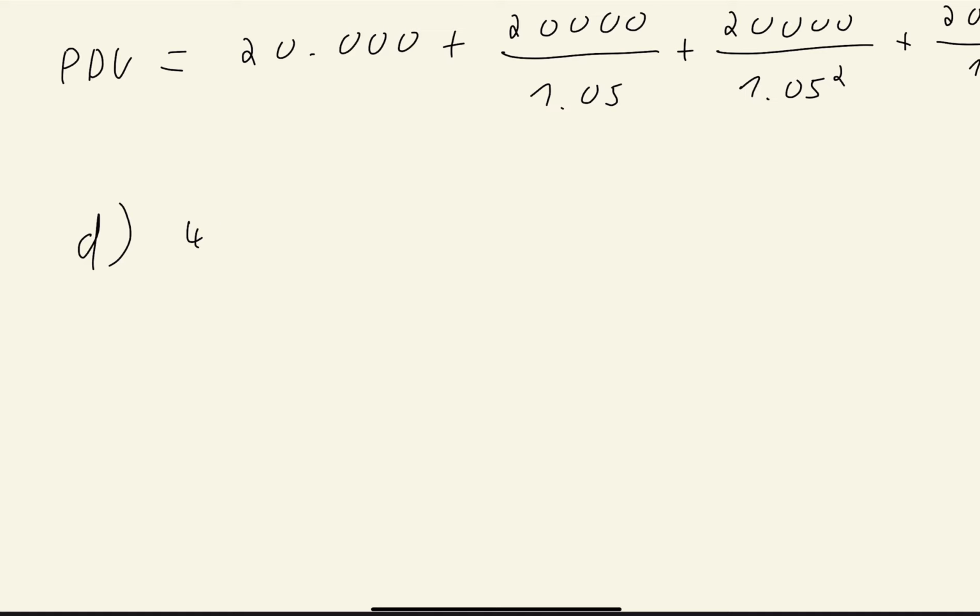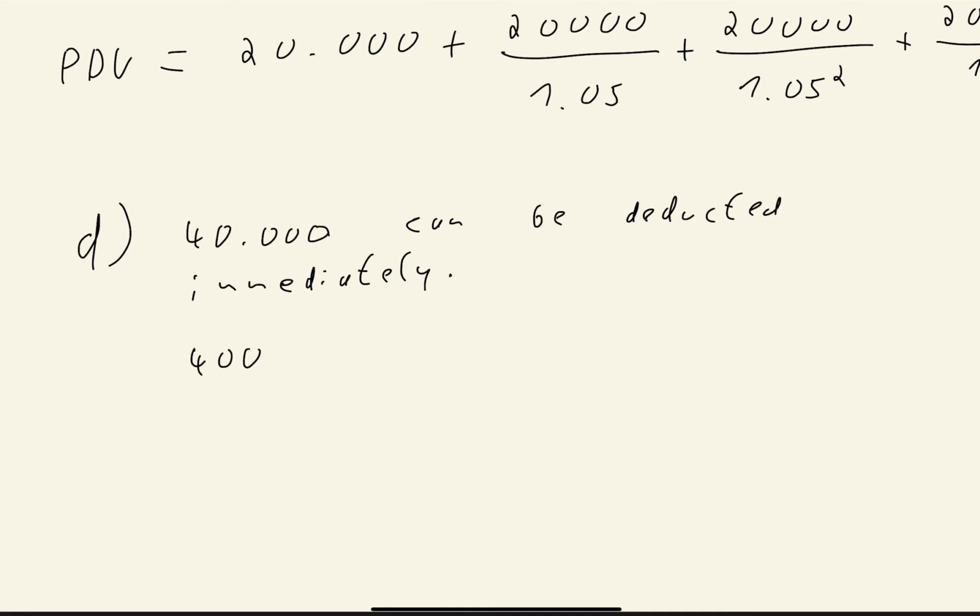Okay, so now 40,000 can be deducted immediately, and then what we do is we take the remaining 40,000 divided by 3, which gives us approximately 30,333.